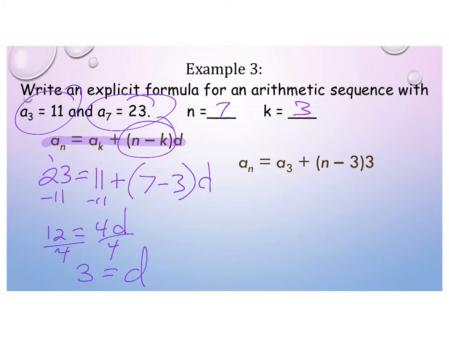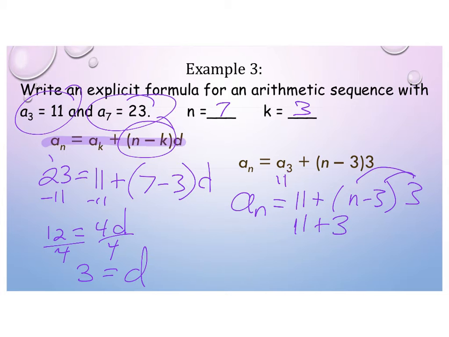So a sub n is equal to a sub 3, which was 11, plus n minus 3, because it's a sub 3, times 3. So a sub n equals 11 plus (n minus 3) times 3. I distribute the 3 and get 11 plus 3n minus 9.